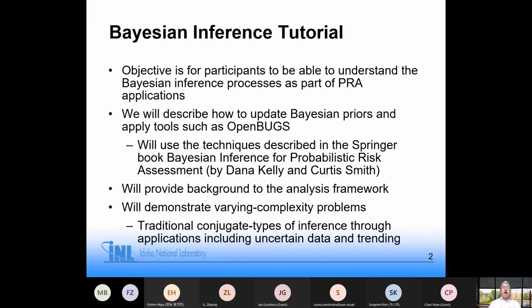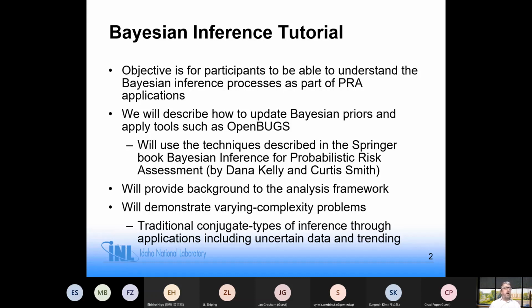The types of problems that we'll walk through will vary somewhat. We obviously will start with the easy problems, but then we'll get into some more challenging models and applications as we dig deeper and deeper.